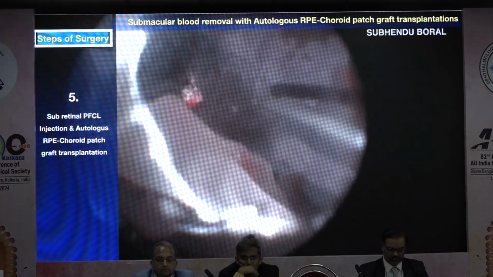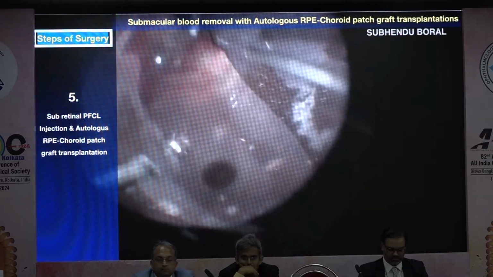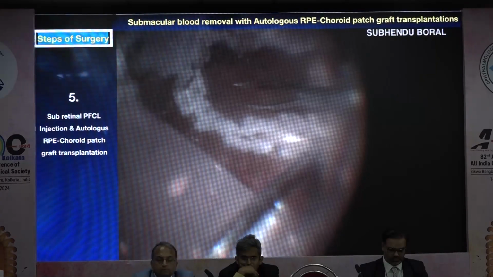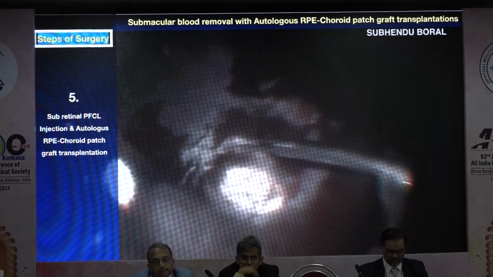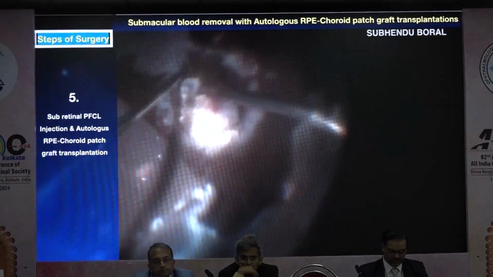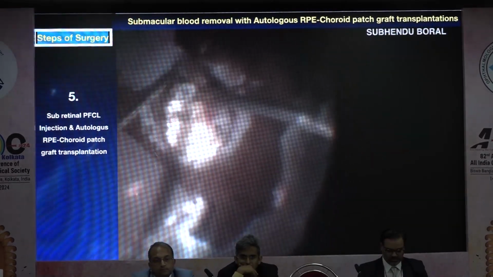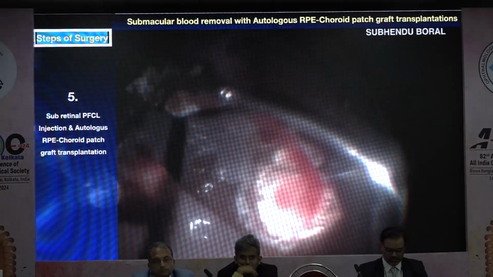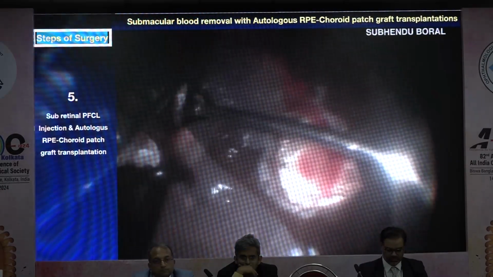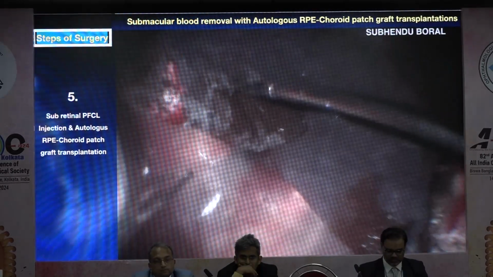Now if you are planning for the RPE choroid patch graft transplantation, you have to inject PFCL to keep the retina down, so that you keep your flap away from your working site. Then choose a relatively healthy area of RPE, and manually shift this RPE choroid patch graft under the PFCL into the proper site under the fovea.